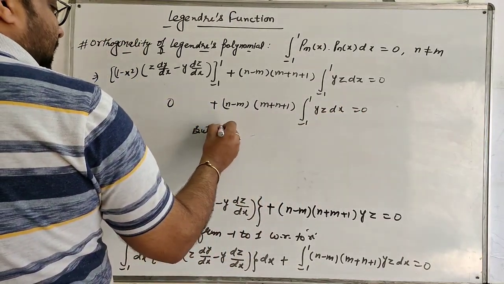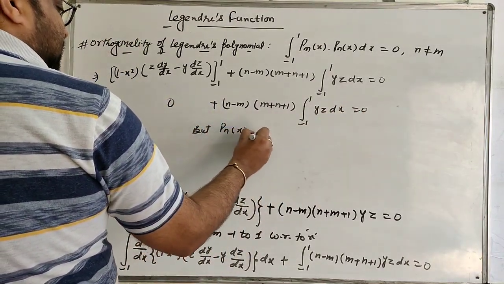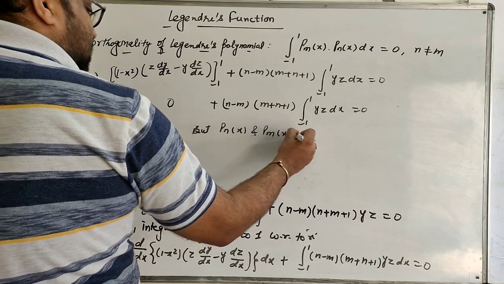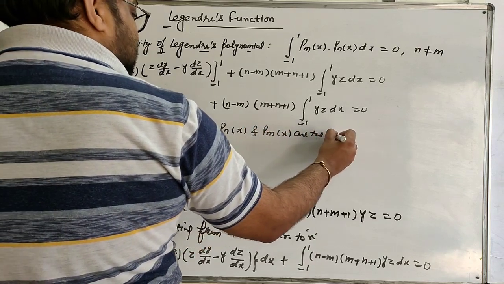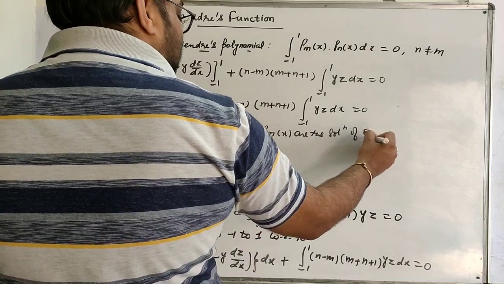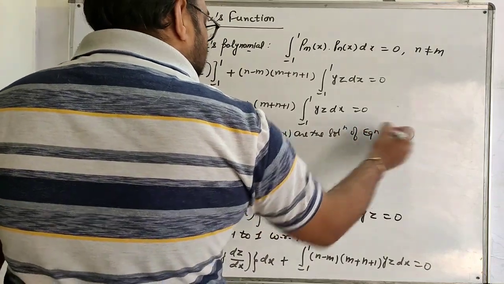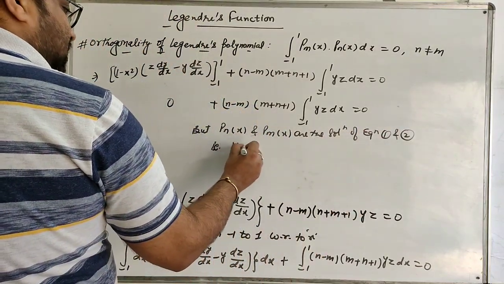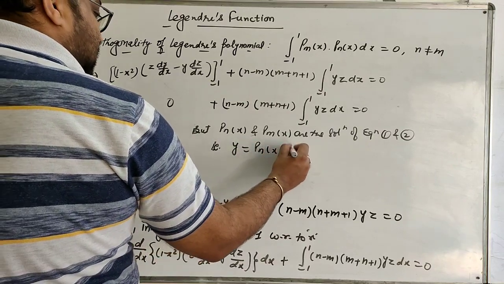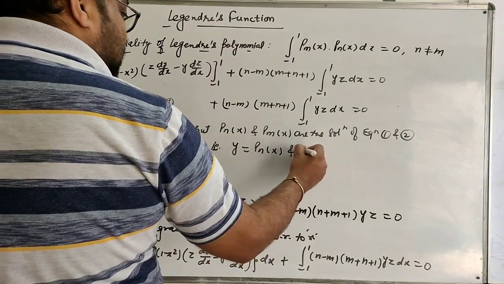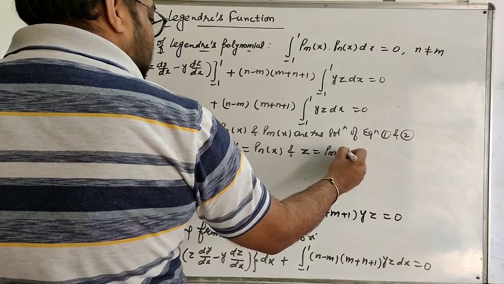But Pn(x) and Pm(x) are the solutions of equation 1 and equation 2. That is, y is equal to Pn(x) and z equals Pm(x).